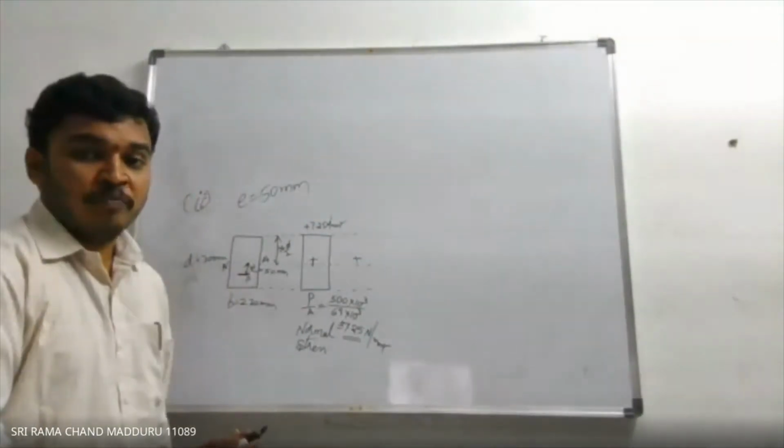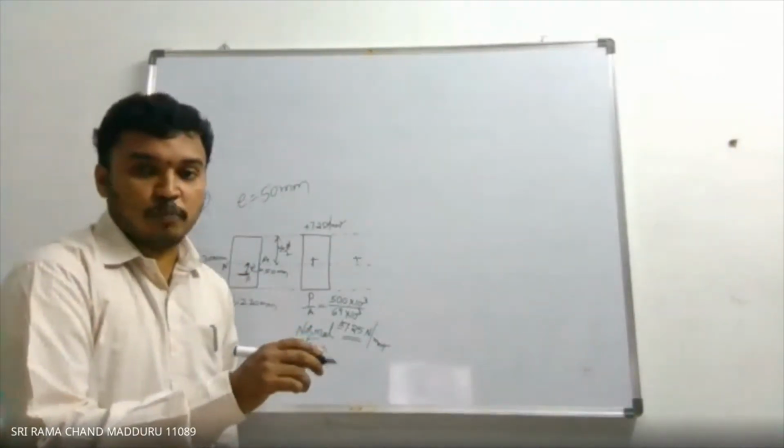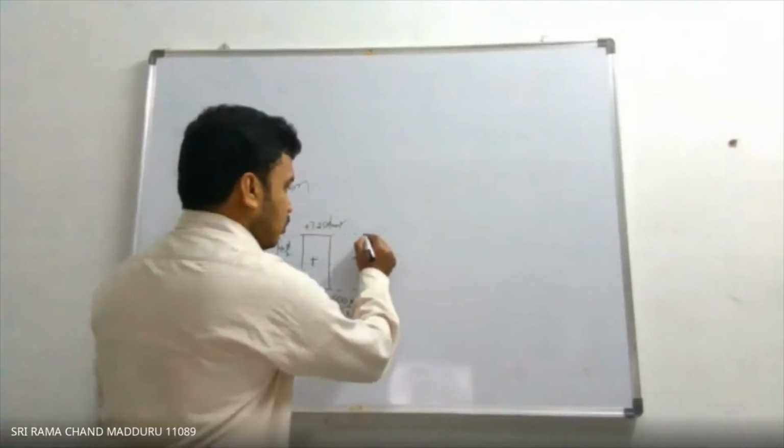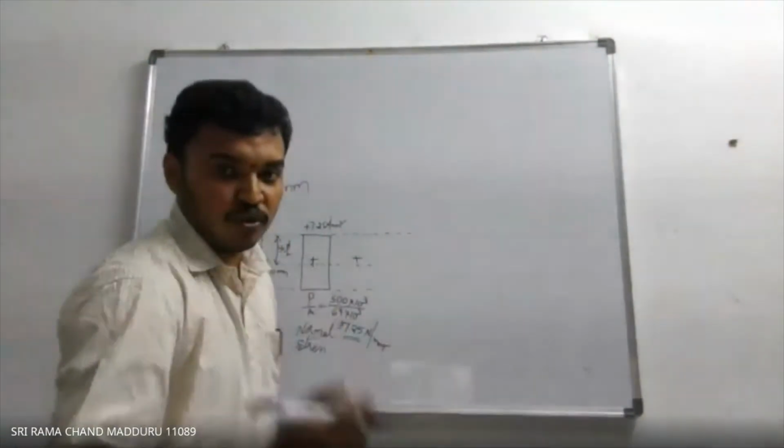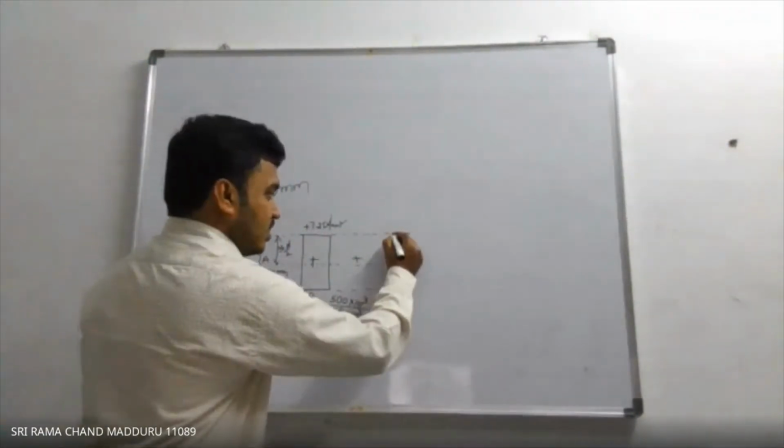Now we have to find the bending stress due to pre-stressing. Just go to case 2, where we have already drawn the stress distribution.